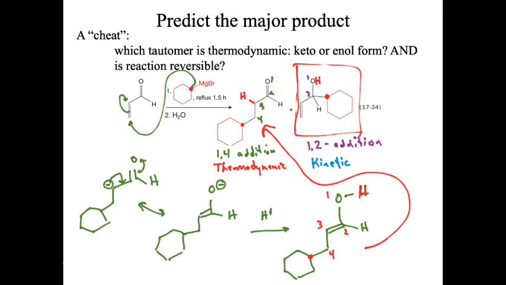A ketone, an enol, and just the straight alcohol. So there's 3 structures that could show up. Immediately, what should you do with the enol? Cross it out, because what's it going to become? The ketone. You now have the ketone, which is the thermodynamic, or the alcohol, which is your kinetic.